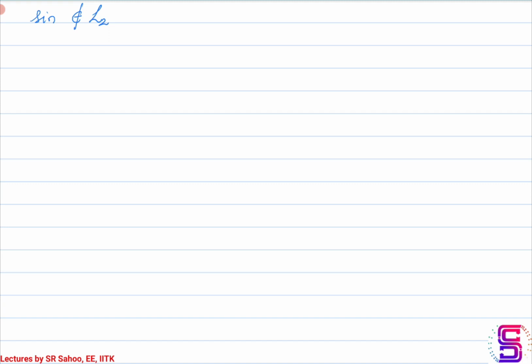Let's say f of t is sine t for t greater than or equal to 0 and is 0 for t less than 0. This is what we are considering.